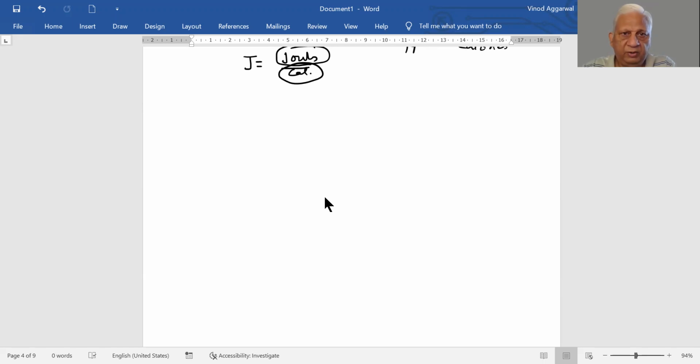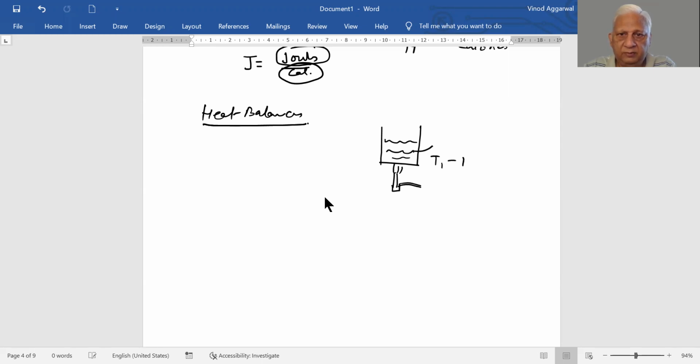Now, when you are doing heat balances, for example, I'm trying to compare a case where I take some water and I heat it. Its temperature rises from T1 to T2. This container may be of, let us say, copper.